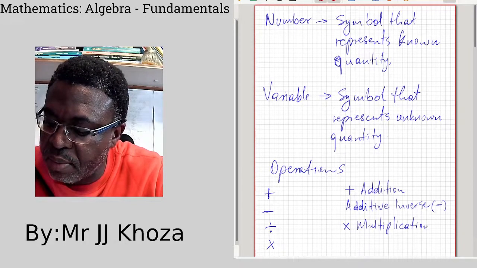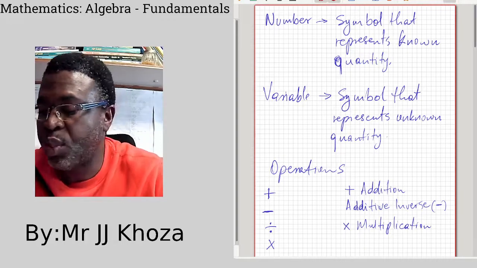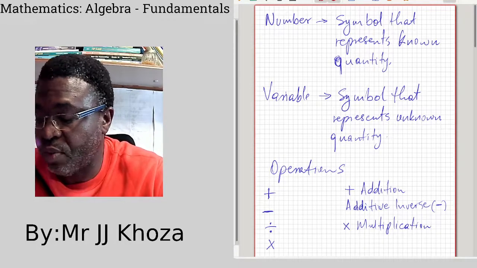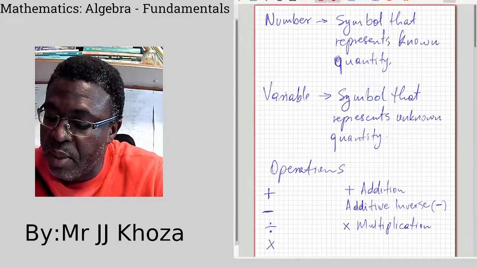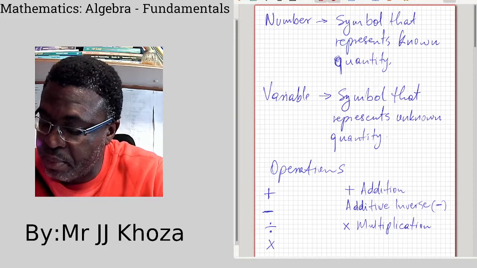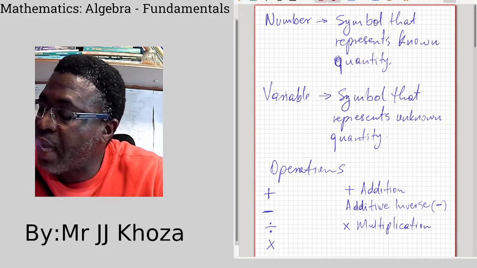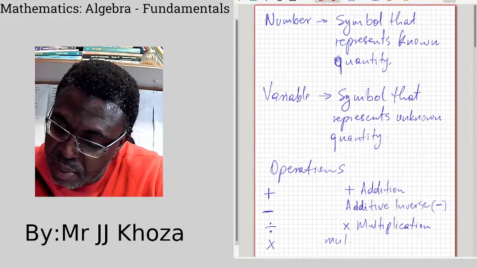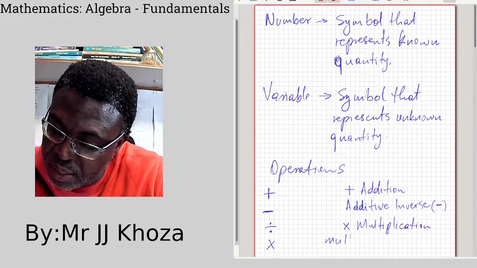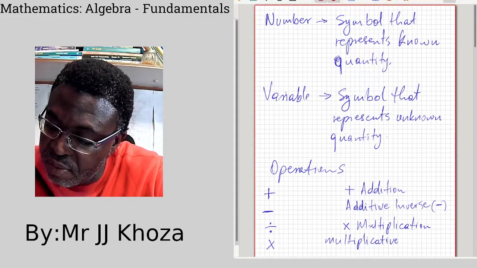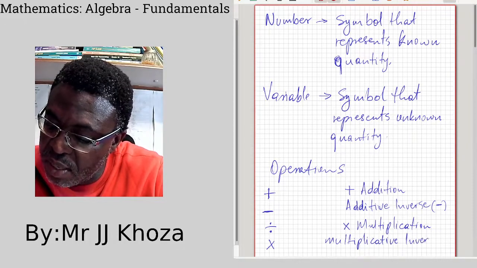Multiplication is when you multiply two known quantities or two variables. But then you can also use the multiplicative inverse.